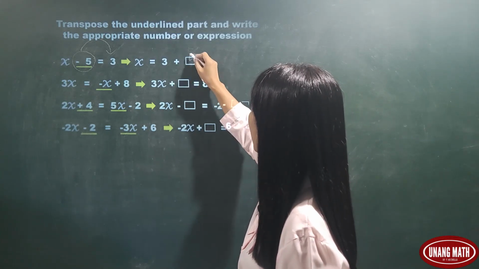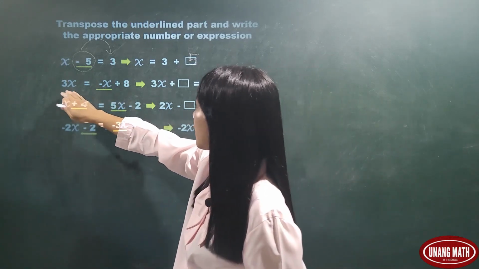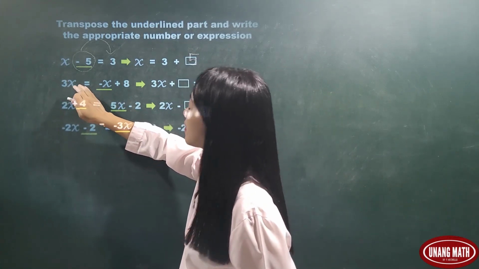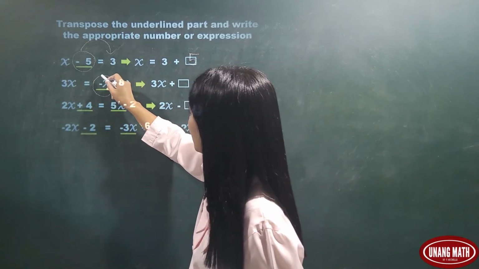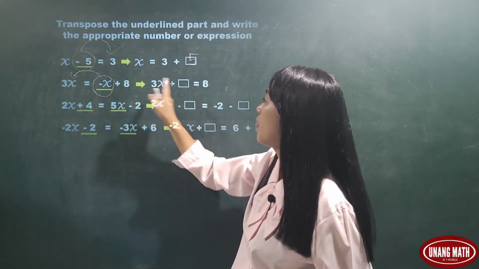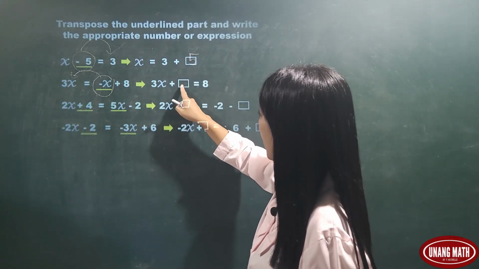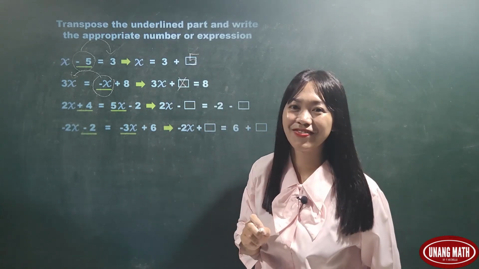So here is plus 5. How about the second equation? 3x is equal to negative x plus 8. Transpose negative x on the left side of the equation. Since this is negative, when we transpose, it becomes positive. So here is plus x.